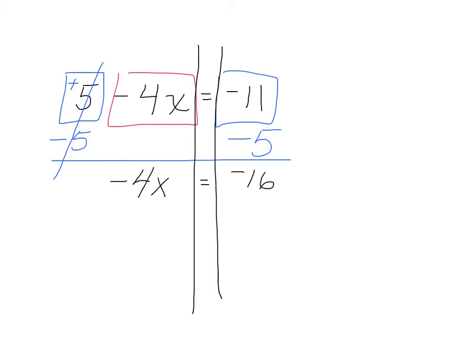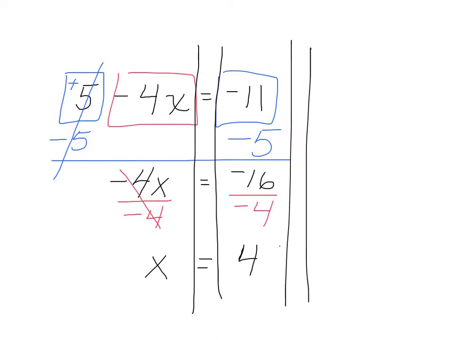So then I have negative 4 times x. I have a one-step equation. So to undo this, I'm going to divide by negative 4 on both sides. The negative 4's will cancel, leaving me with just one x. Negative 16 divided by negative 4 will give me a positive 4.